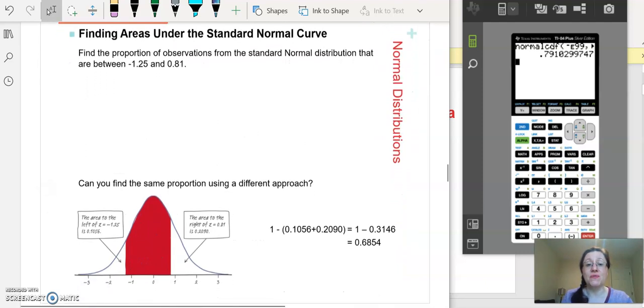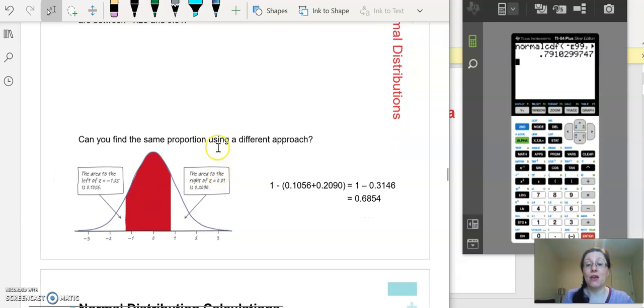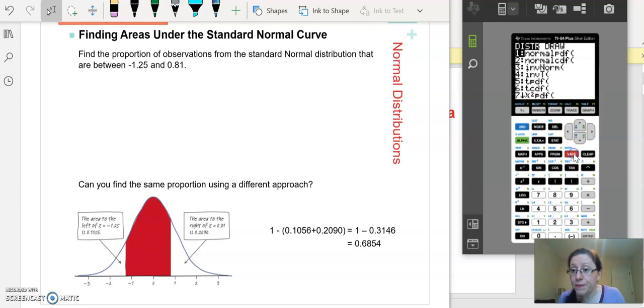So here it says finding areas on the standard normal curve, and it wants us to find the area between a z-score of -1.25, right, and 0.81. So we would do the same thing. We would do second distribution, and again, normal CDF, because we're working with a normal density curve.